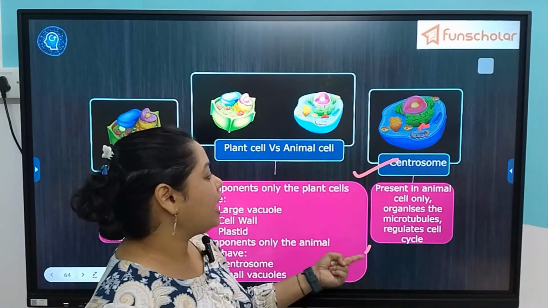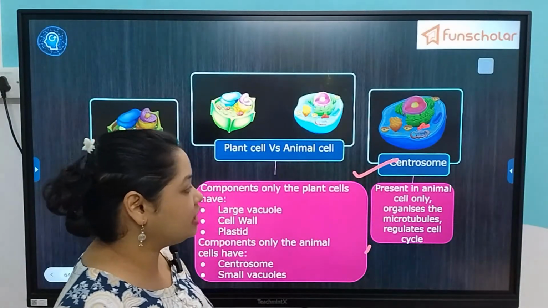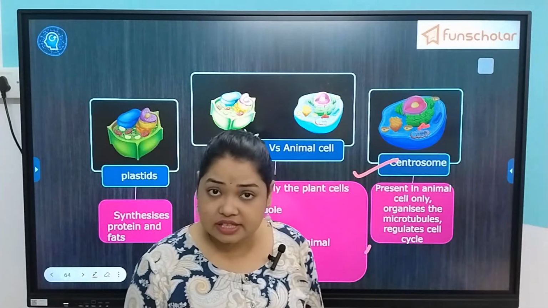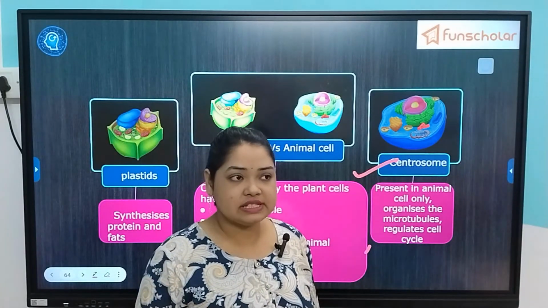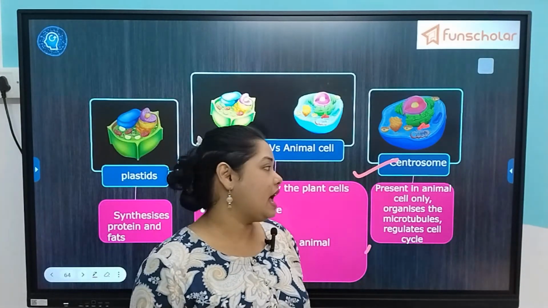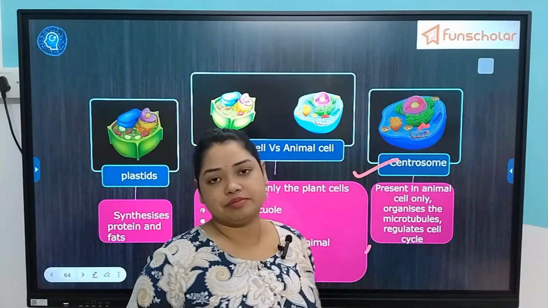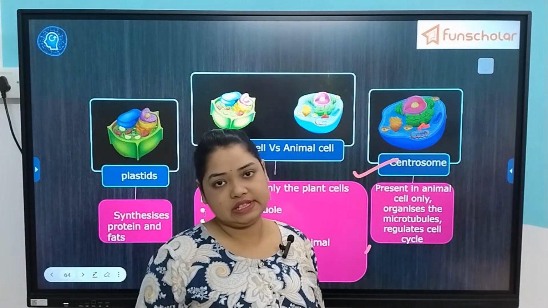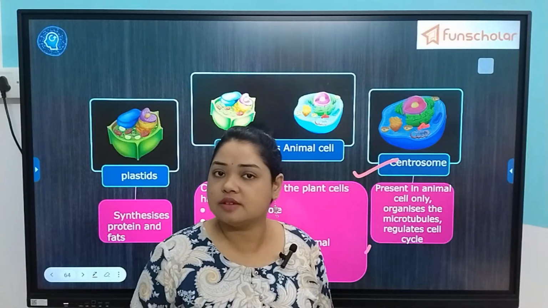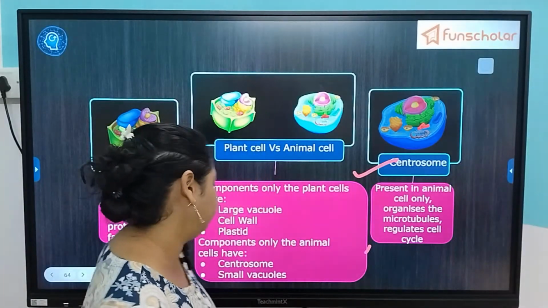So therefore, centrosome is a very vital organelle for cell division and, we can say, increase in number. And this centrosome is absent in one type of cell, that is the neuron. That is why nerve cells cannot regenerate.